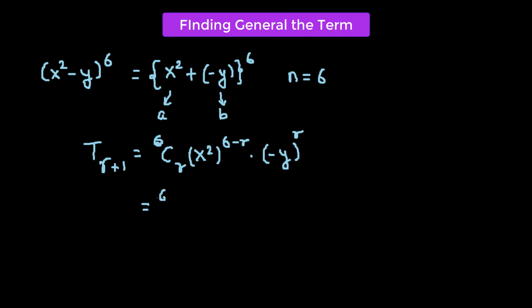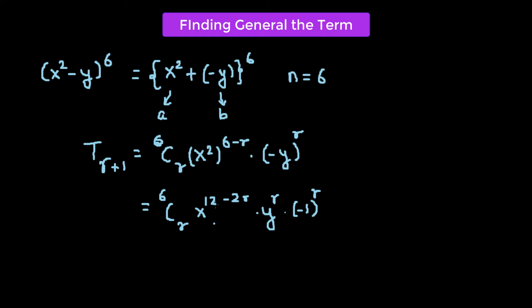Then we simplify: x^2 raised to the power of 6 minus r, the powers get multiplied, so we get x^(12-2r), then y^r. Negative y can also be written as (-1)^r, so we have pulled out the negative 1. This is how the general term of (x^2 - y)^6 looks.